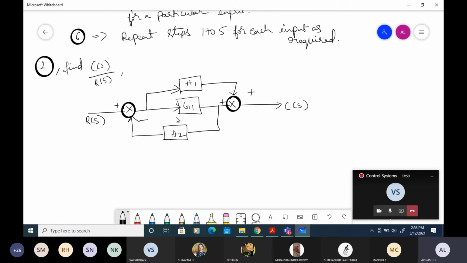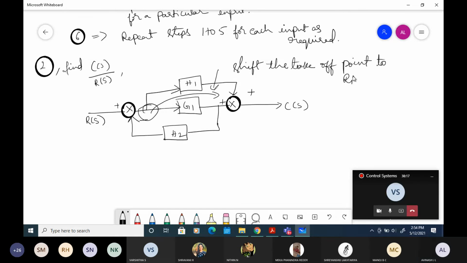So now what I will do is take this particular point and shift it to the right side. Write this down, all of you: shift the takeoff point to the right side.